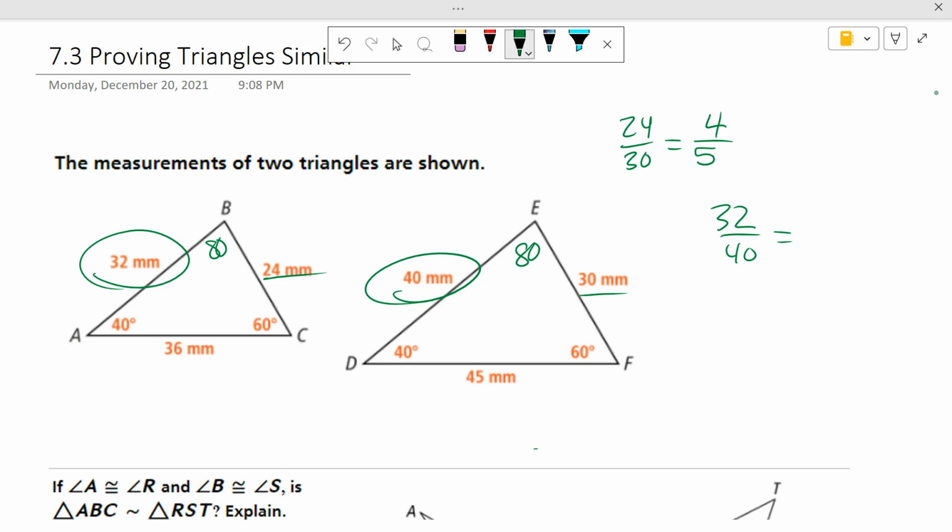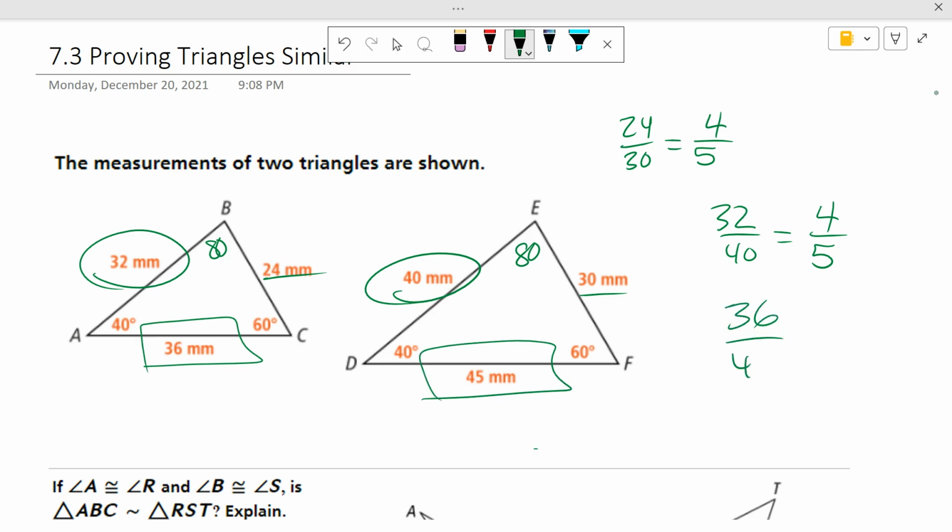If we divide them both by 8, it's 4 and 5. And then if we take the long and the long, 36 over 45, divide them both by 9, it's 4 over 5.